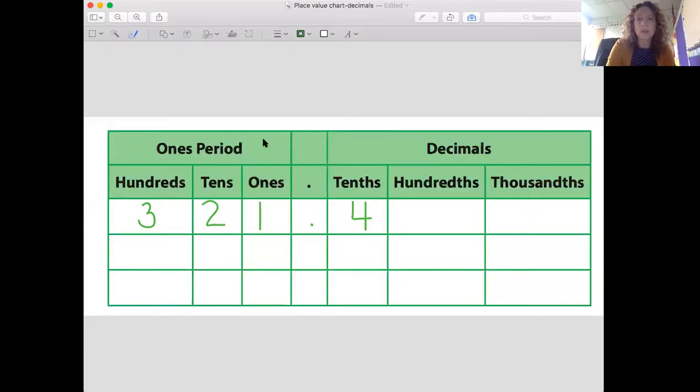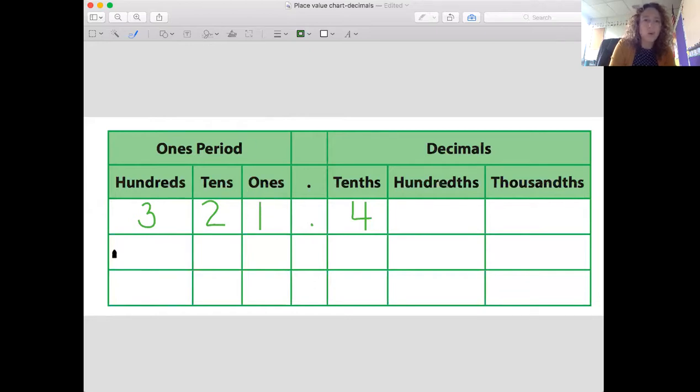So I want to talk to you a little bit about the place value chart and what that looks like. So I'm going to share that screen with you. Okay, here we have our place value chart. And if you notice, over here is what you've seen lots and lots of times since about first grade. We have our hundreds place, our tens place, and our ones place.